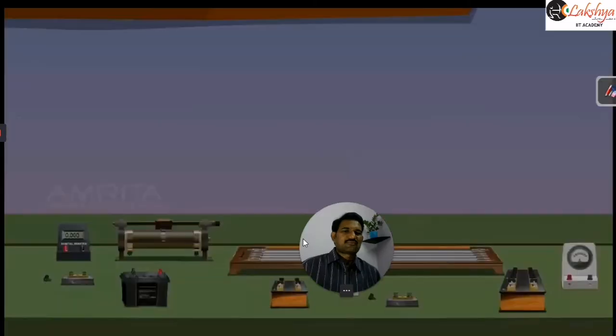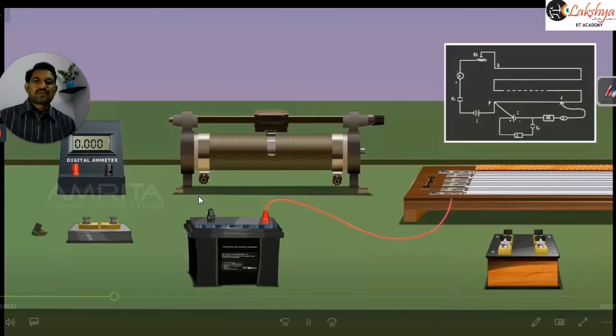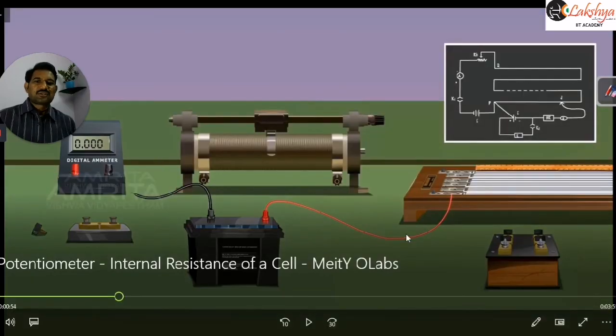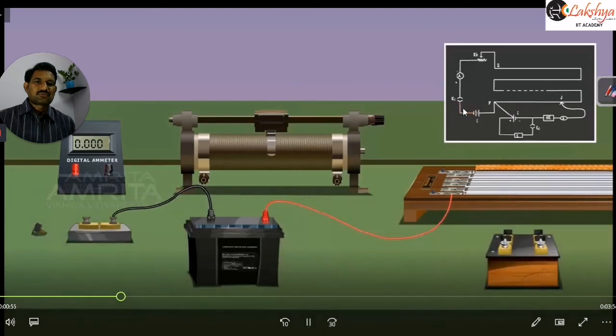Observe the experimental procedure here. We are making the connections so that you can compare with our circuit diagram. We connect the positive terminal of the battery: one end is connected to the primary potentiometer, and the other end is connected to the key. Observe this, it is blinking here.